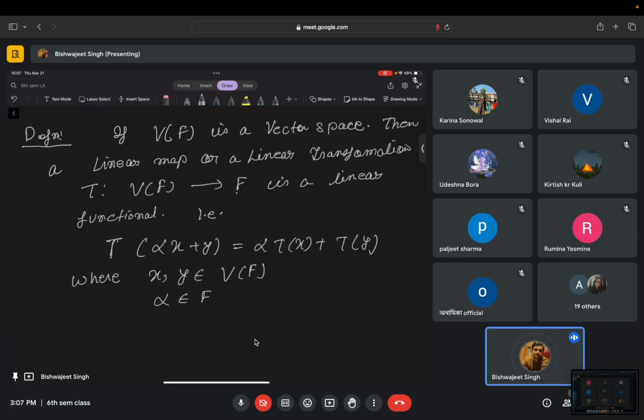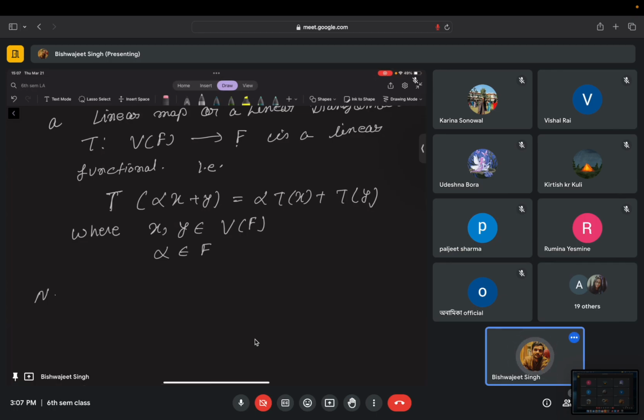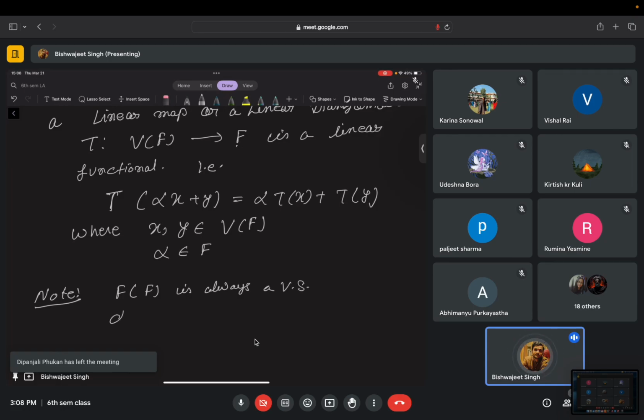So essentially you can see that it is nothing but a special type of linear transformation. In linear transformation we used to have two vector spaces. Now we have one vector space and one field. Now one thing to note here, that I am sure you all know, is that a field over a field is always a vector space, and the dimension of F over F is always 1.